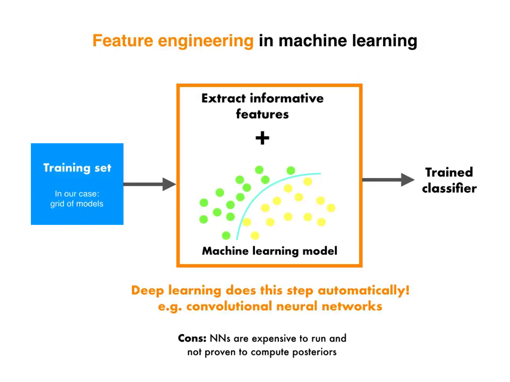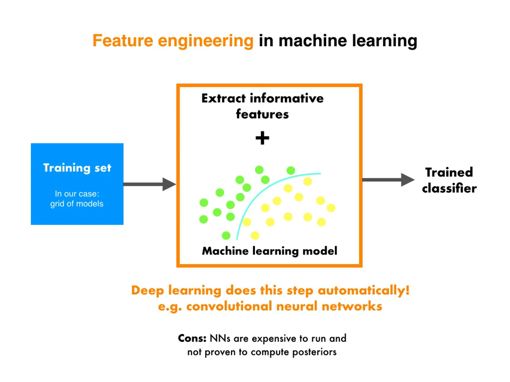And one way to do this, we claim, is using machine learning. And one needs to talk about something called feature engineering in machine learning. So typically what one does is that one has a training set, like a grid of models, and one feeds this training set to a box, sometimes a black box.